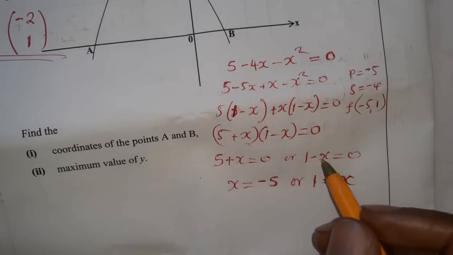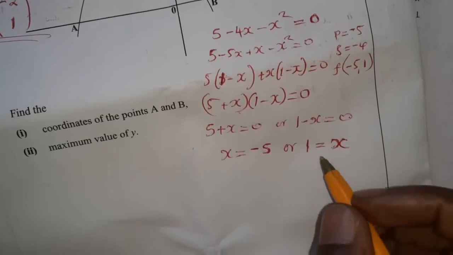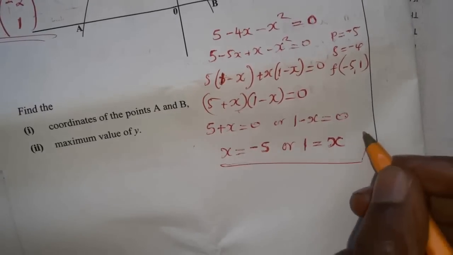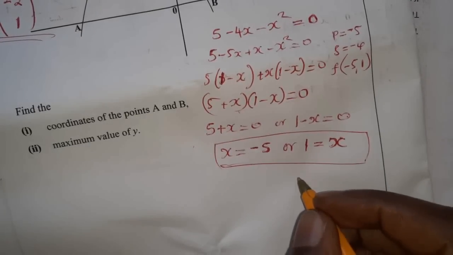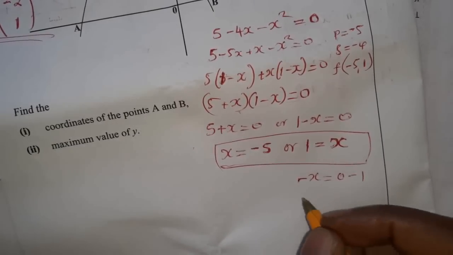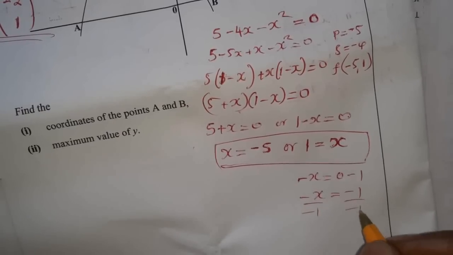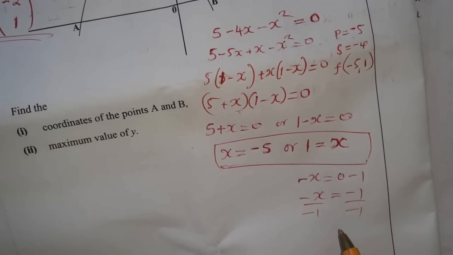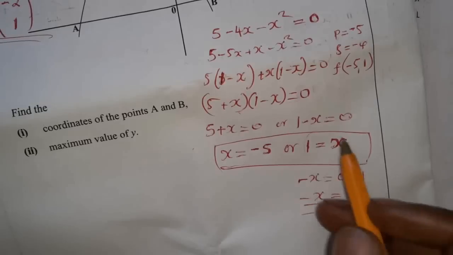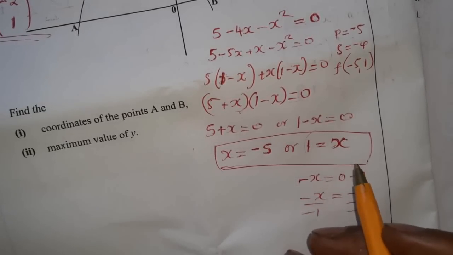But if you want, you can say, this is going to be -x is equal to 0 minus 1. So this will be -x is equal to -1. Then you divide by -1, it will take you back to that. So these are the answers here.